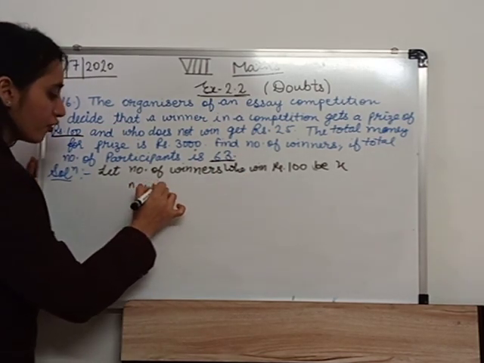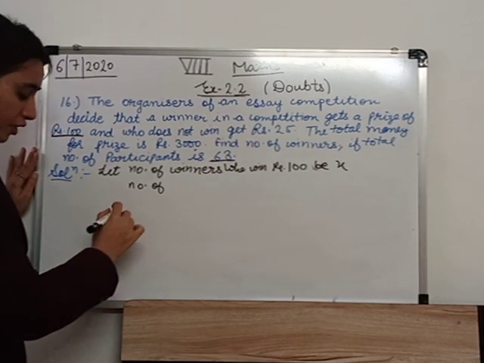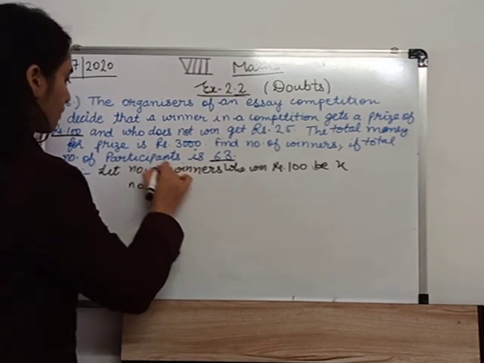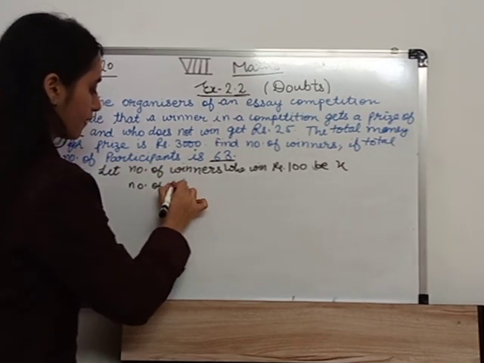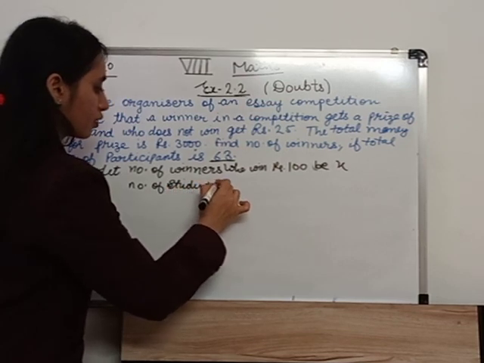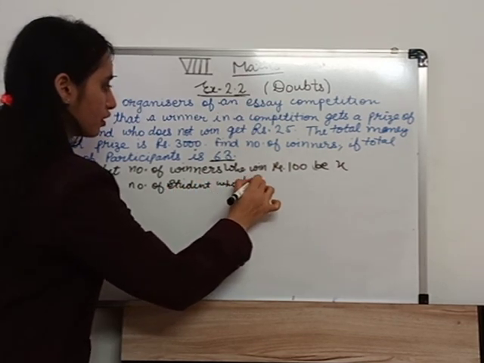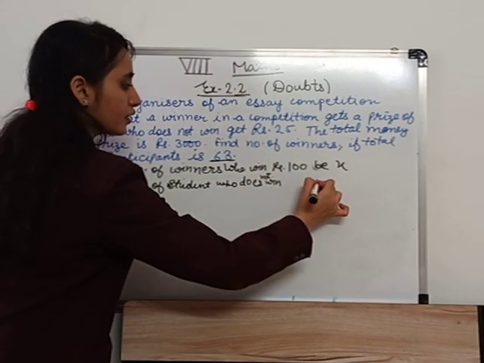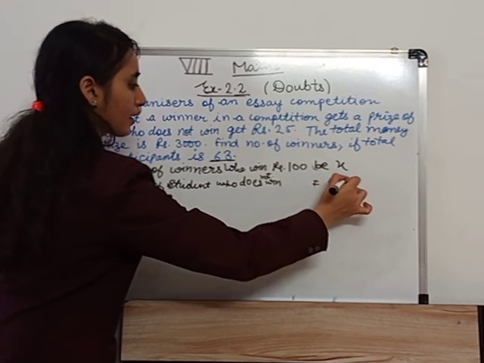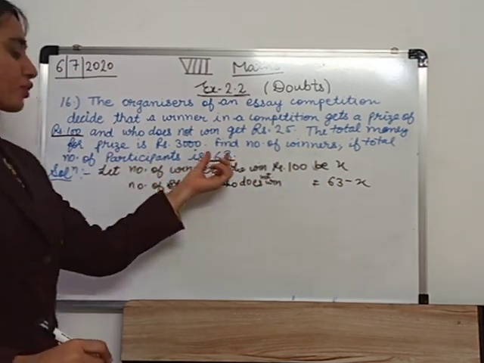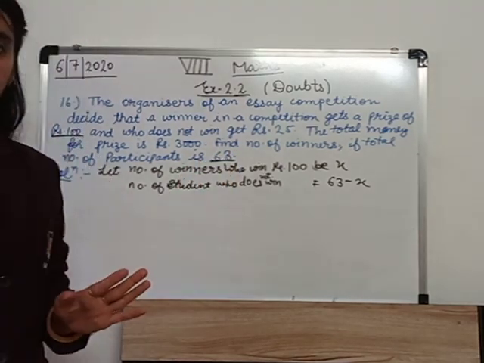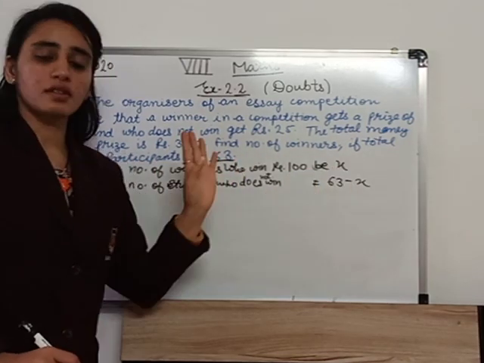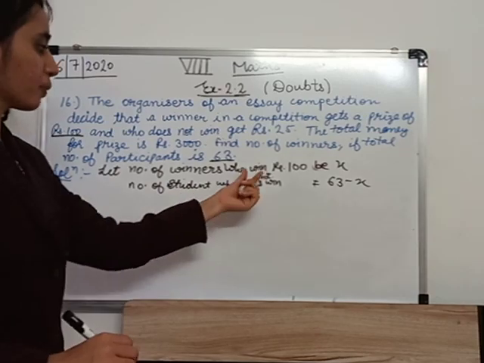Now the number of students who do not win is equal to 63 minus x, because the total number of students in your class is 63, for example, and out of 63 some students get the winning prize of rupees 100.